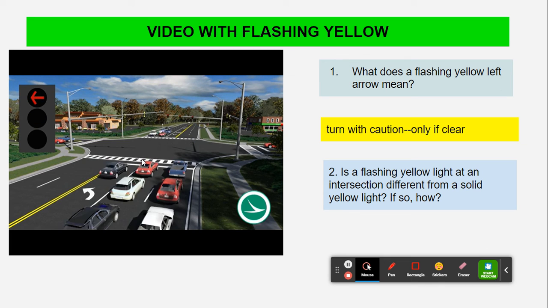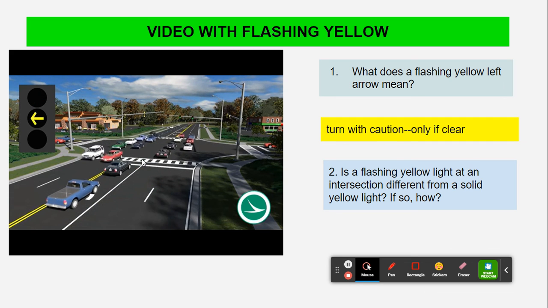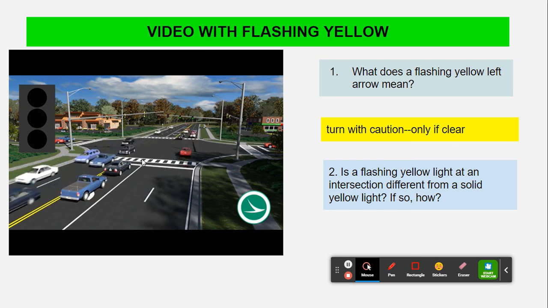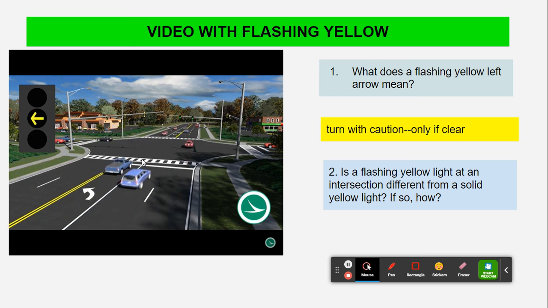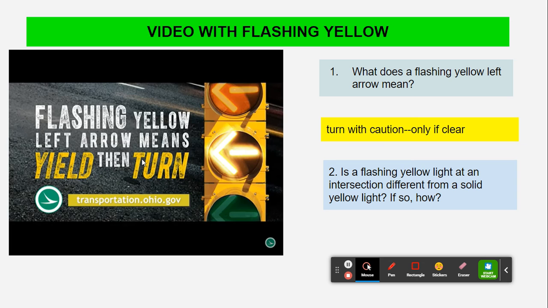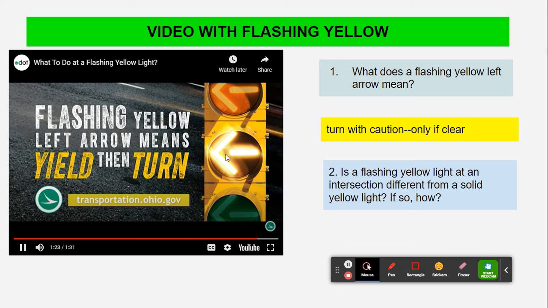And of course, a steady red arrow means stop. New flashing yellow left turn signals are being introduced nationwide and may be used at many intersections where there is a separate left turn arrow signal. In Ohio, flashing yellow left turn arrows will become more common. Just remember, a flashing yellow means turn with caution.